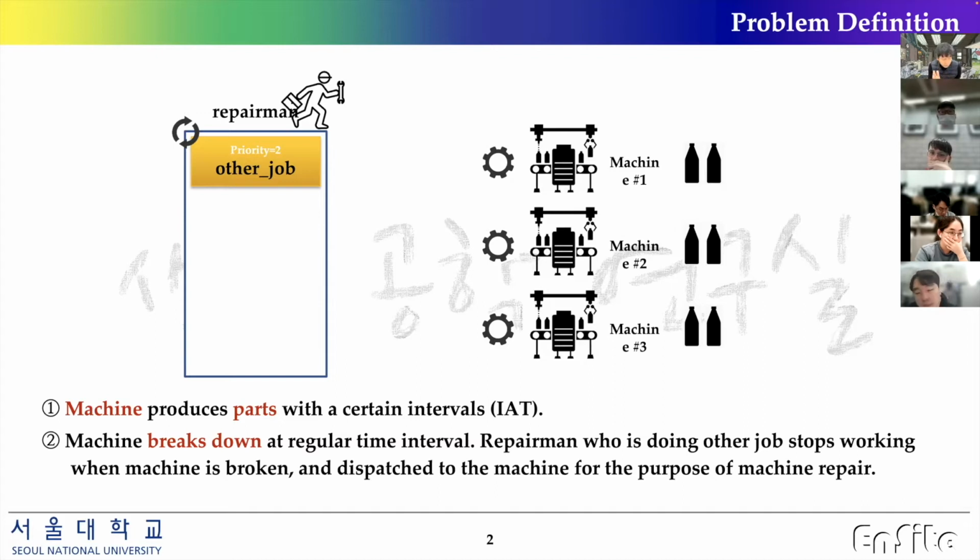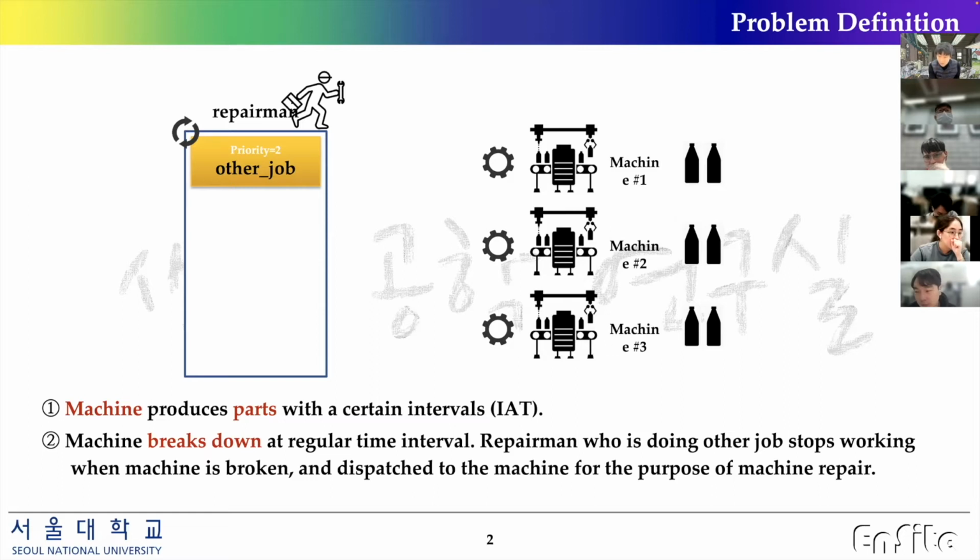This repairman also has his own jobs, but the priority is higher in case of machine failure. So the repairman may work on his own jobs when the machines are not in a broken state.